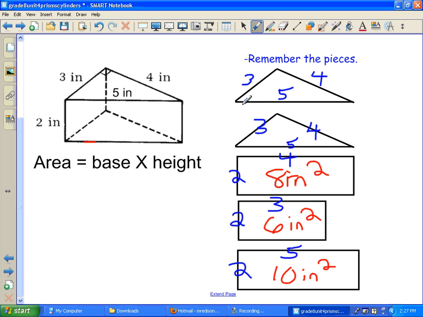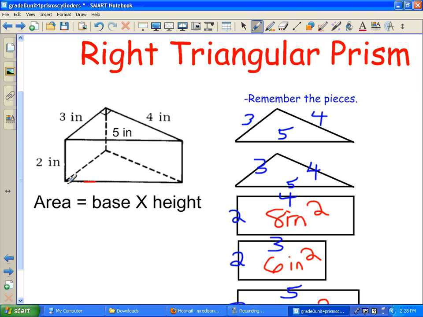Now remember, we did the area of a triangle before, so it shouldn't be that hard to do the area of a triangle. And the only way to do the area of the triangle is going to be half the base times the height. So the base is going to be 5 in this first one. Now the height of the triangle, you would have to be given something right across there. So you would have to be given the height of the triangle in order to do it.